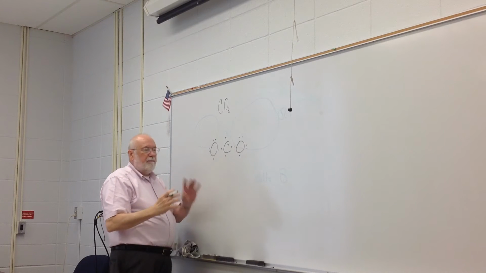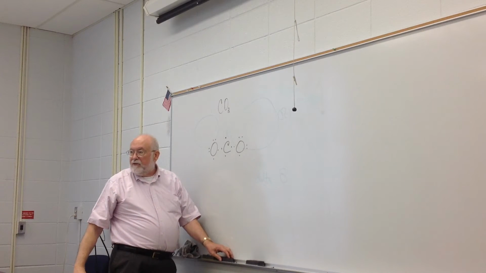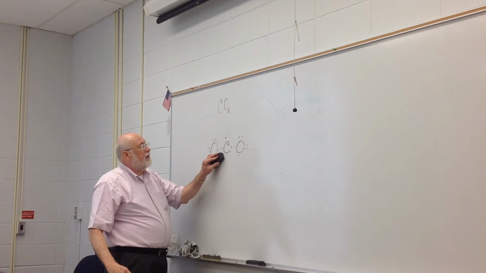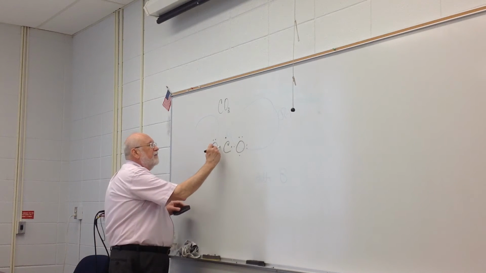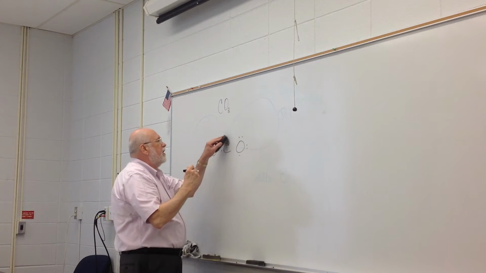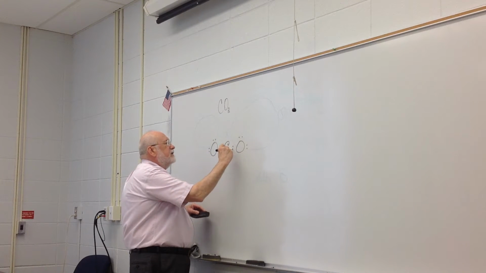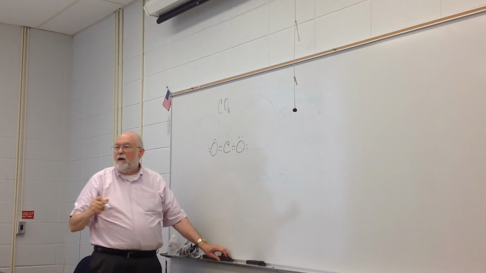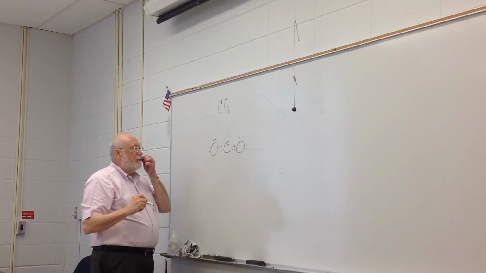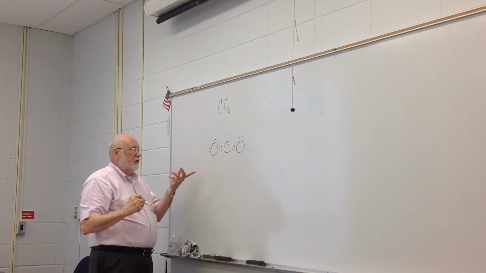And now we start pairing up the electrons. And of course, if we pair up the unpaired ones, it works out very nicely. We end up with that kind of a situation there, and that situation there. So we end up with two double bonds, right? All right, a double bond between the central carbon and each oxygen.